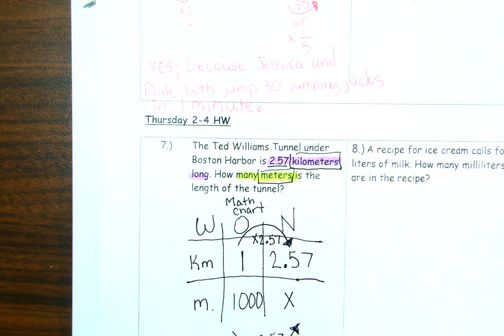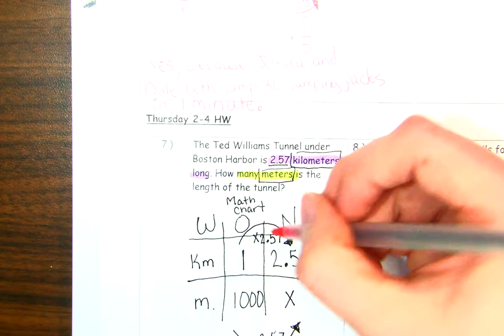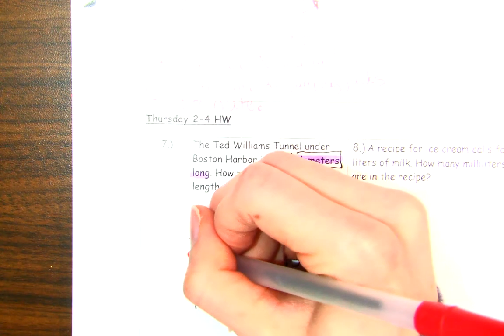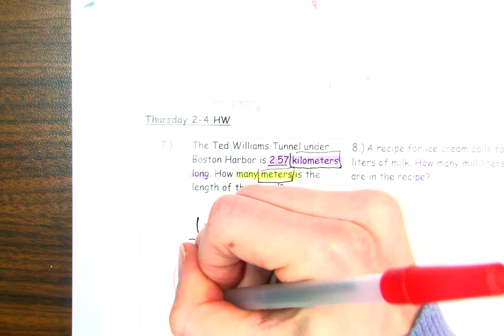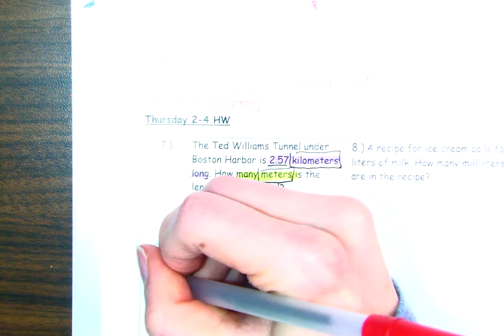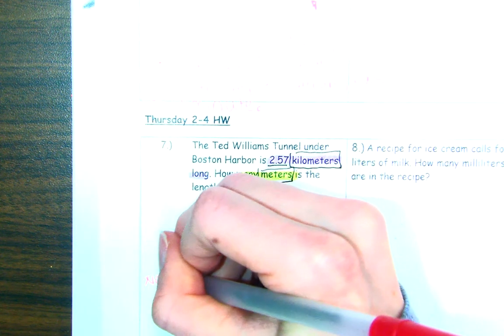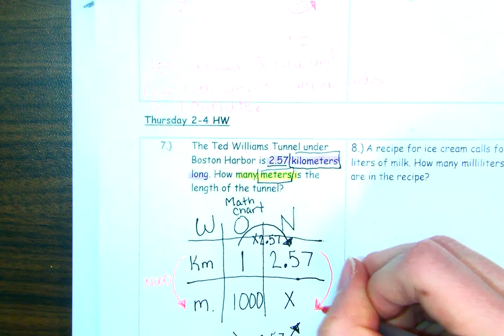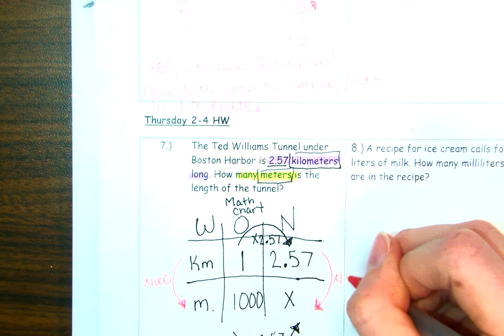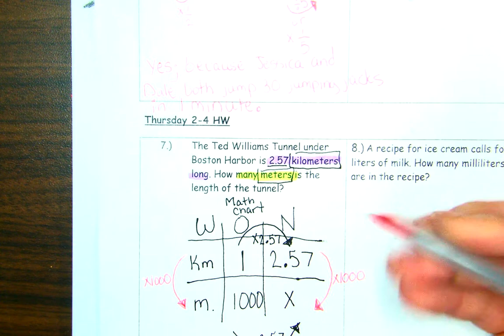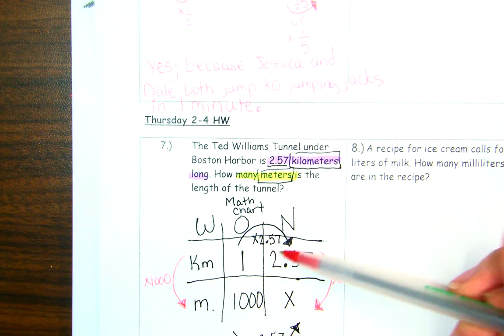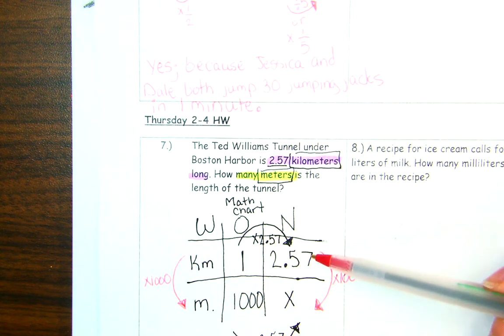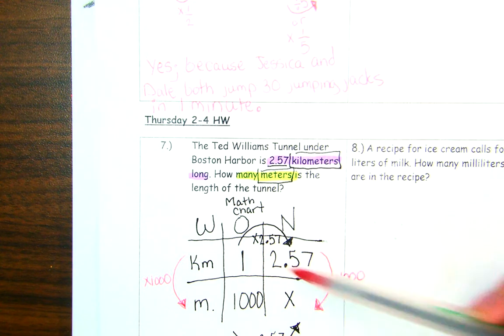Remember, we could also look at it within. We could say to get from 1 to 1,000, we would multiply by 1,000. So I would do the same thing here and multiply by 1,000. But either way, we're still taking 2 and 5,700 and multiplying it with 1,000, no matter which way you look at the proportion.